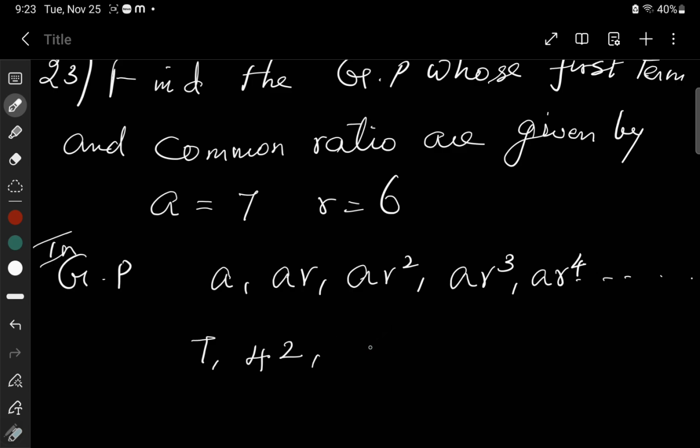Again multiply by 6: 6 2s are 12, carry over 1, 6 4s are 24, 25, so 252. Then again multiply by 6: 6 2s are 12, carry over 1, 6 5s are 30, 31, 3, carry over, 6 2s are 12, 15, so 1512. Again multiply by one more R: 6 2s are 12, carry over 1, 1 6 is 6, 7, 6 5s are 30, 3 carry over, 1 6 is 6, 9, so 9072. And so on.